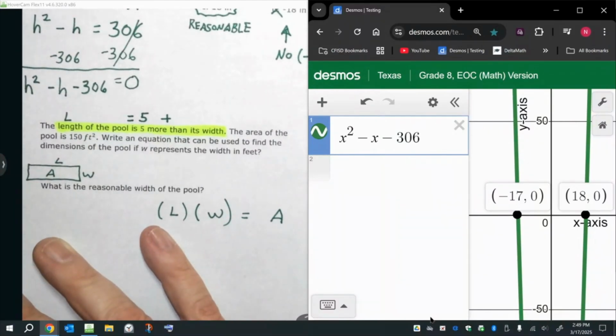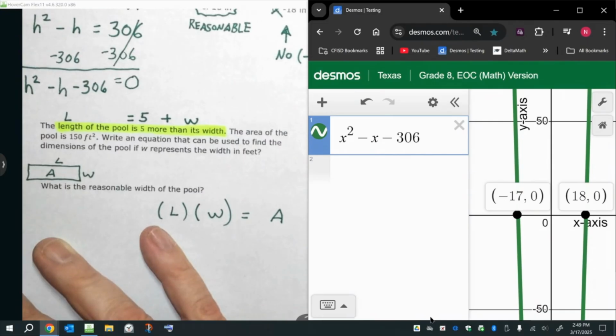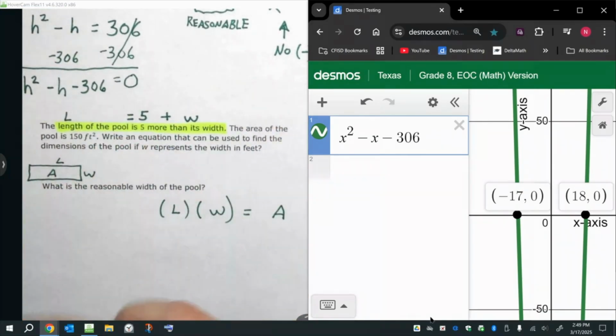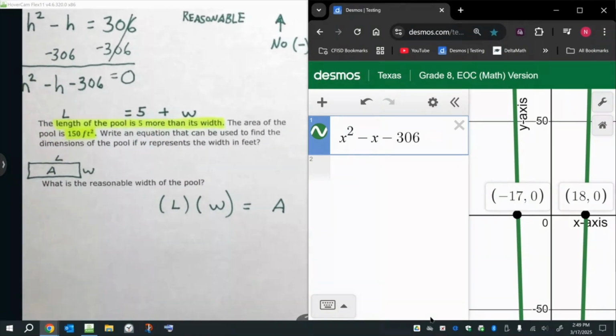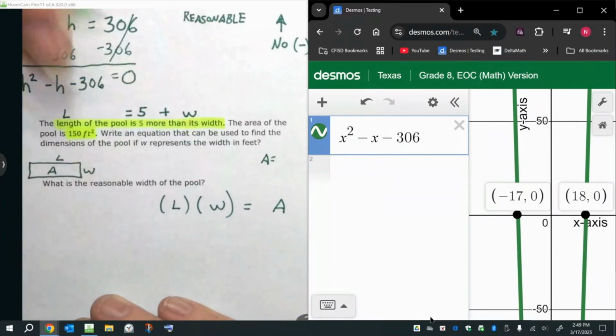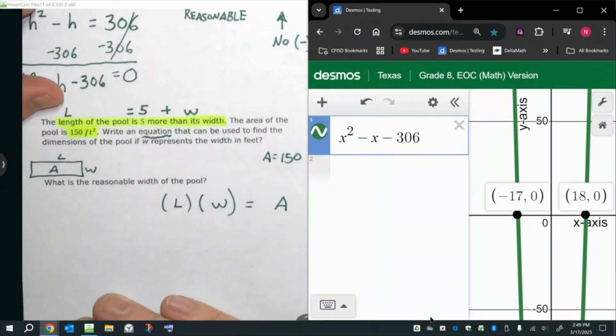So we're going to put W. And it says the area of the pool is 150 feet squared. So what we know is that A is equal to 150.